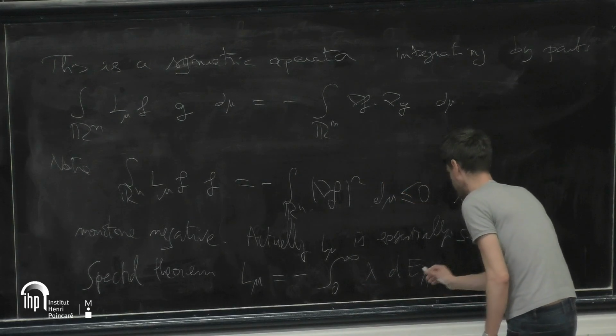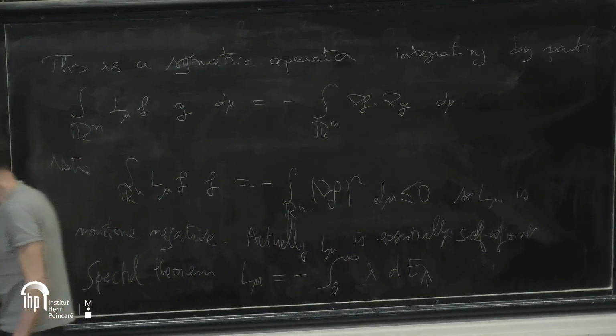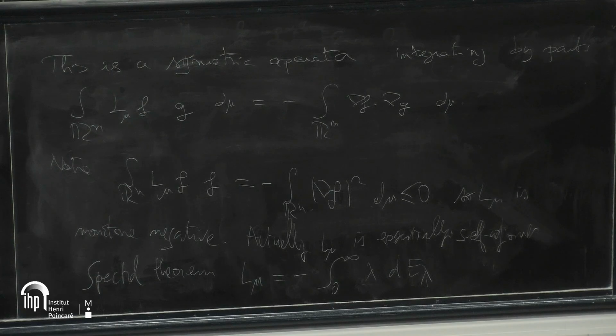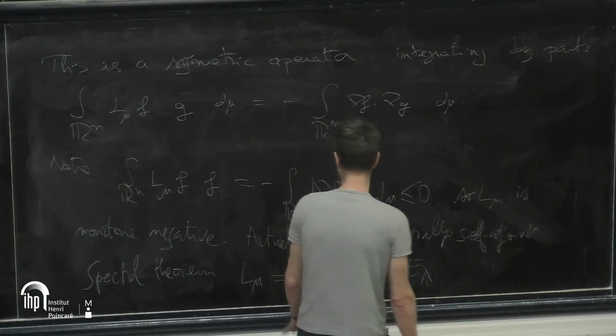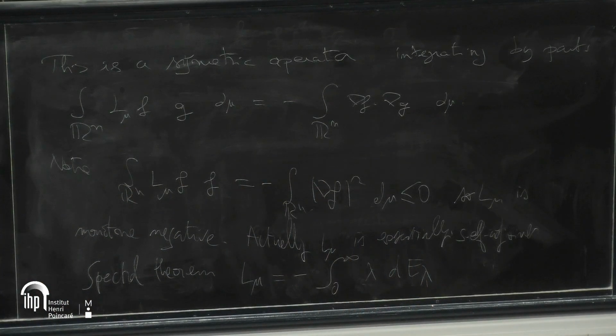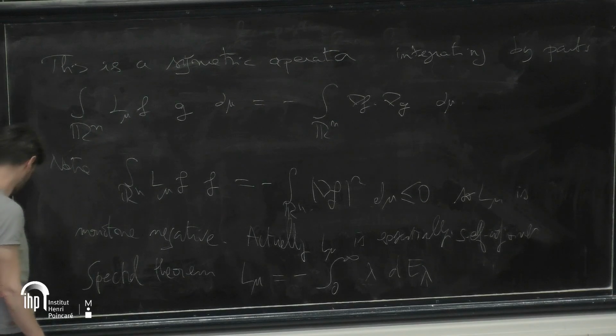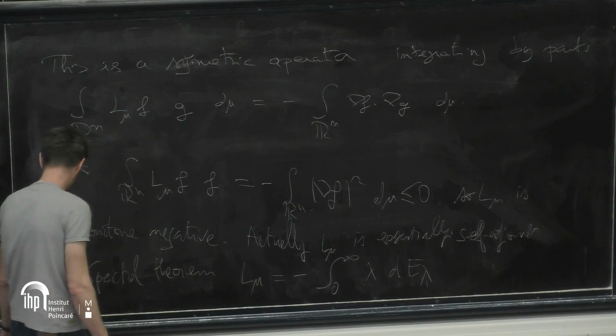So this is some increasing family of orthogonal projections. In most situations, I don't want to spend too much time on this spectral theory because this will not play so much of a role later.